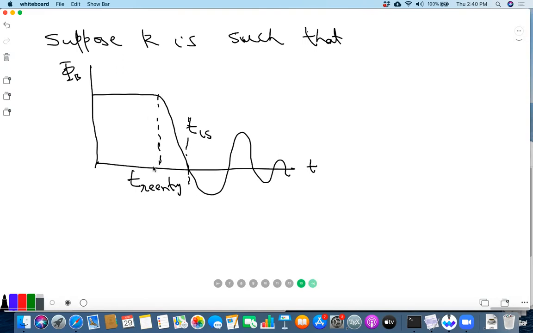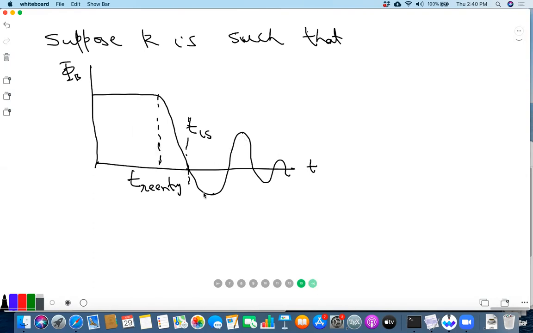As it recedes further and further back from TLS, for some values of K, phi b may be 0 at TLS, in which case the fluctuation has no effect. For some values, phi b may be at its minimum, in which case the fluctuation will have a negative effect. And at the maximum, the fluctuation will have a positive effect.